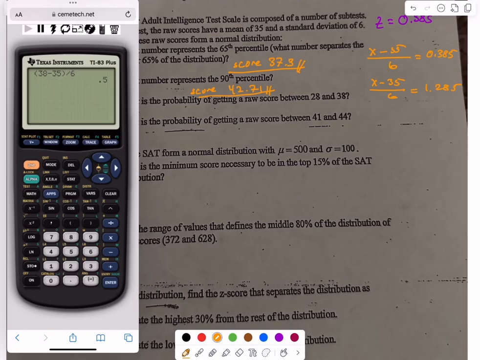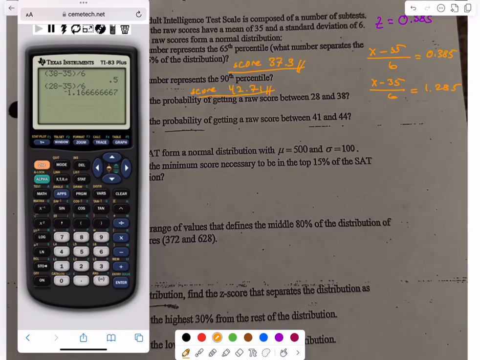We get this z-score. And the other one is 28. I'm going to go ahead and crunch that one too. 28 minus 35 divided by 6. Okay, so we get 0.5 and we get a negative 1.16 bar.